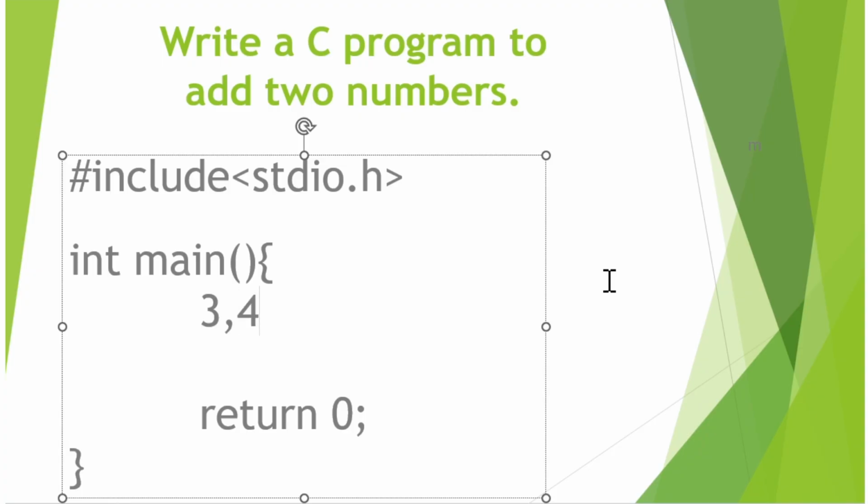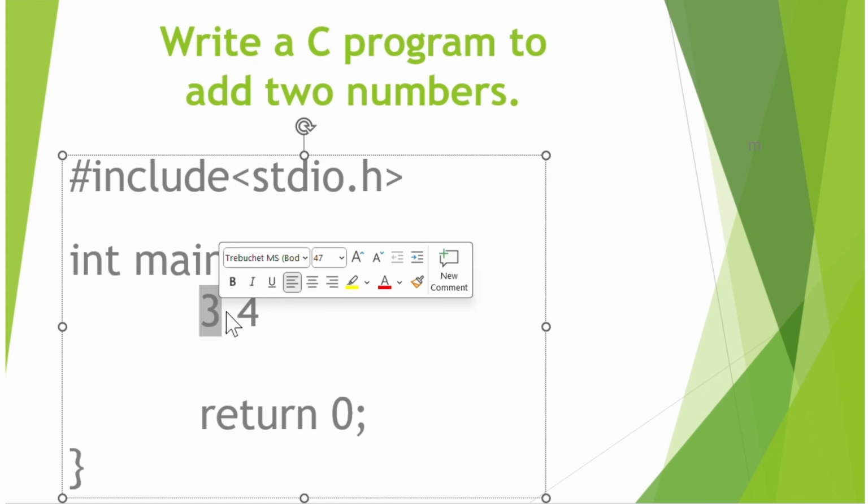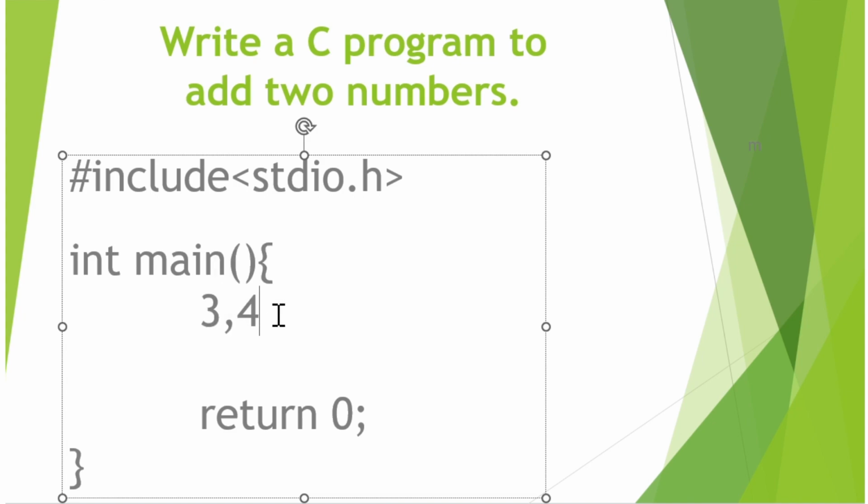We have written two numbers, but in a C program we cannot directly say 3, 4, because before adding, it will store these two values in storage. So we should also specify whether these two numbers are integers or decimal values.